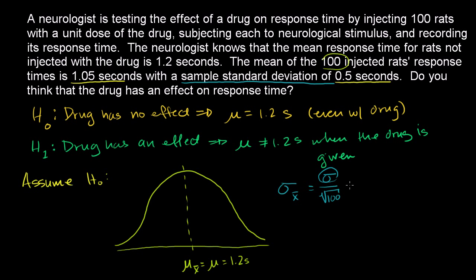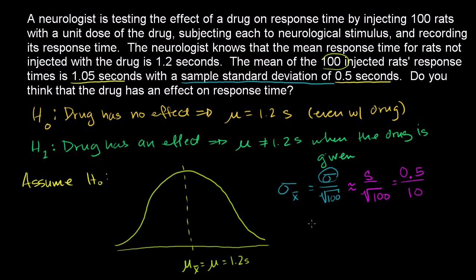So we could say that this is going to be approximately equal to our sample standard deviation divided by the square root of 100. Our sample standard deviation is 0.5 seconds. And we want to divide that by the square root of 100, which is 10. So 0.5 divided by 10 is 0.05.